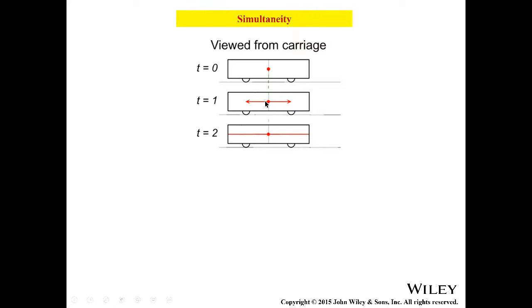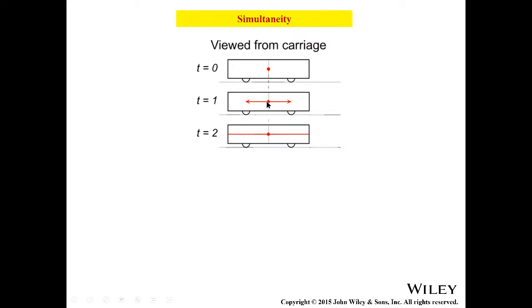He throws 2 balls, one backward, one forward, but with the same speed. If he throws a ball with the same speed forward and backward, this ball will reach this end at time t equal to 2 seconds later, and this ball will reach that end 2 seconds later. Why?